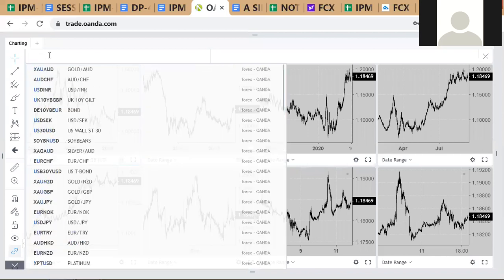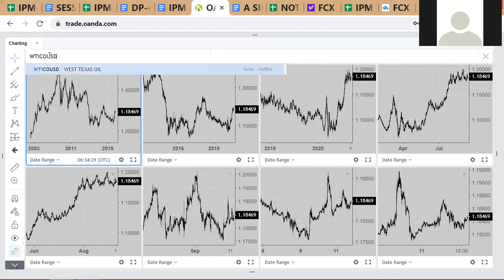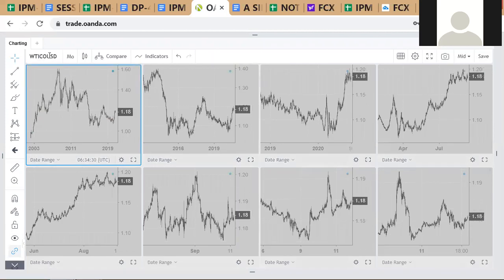Are they not showing oil here? Yeah, so if I want oil, I can just take oil. I should be able to look at any market, any instrument, and I should be able to get this kind of display: very high zoom out, very high zoom in, and everything in between. This is the ideal way of looking at charts, multiple time frames.